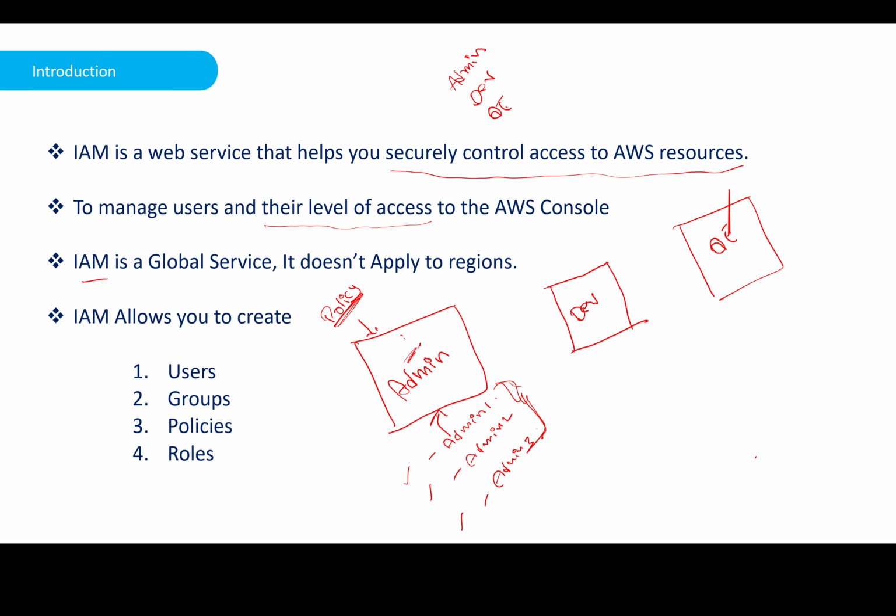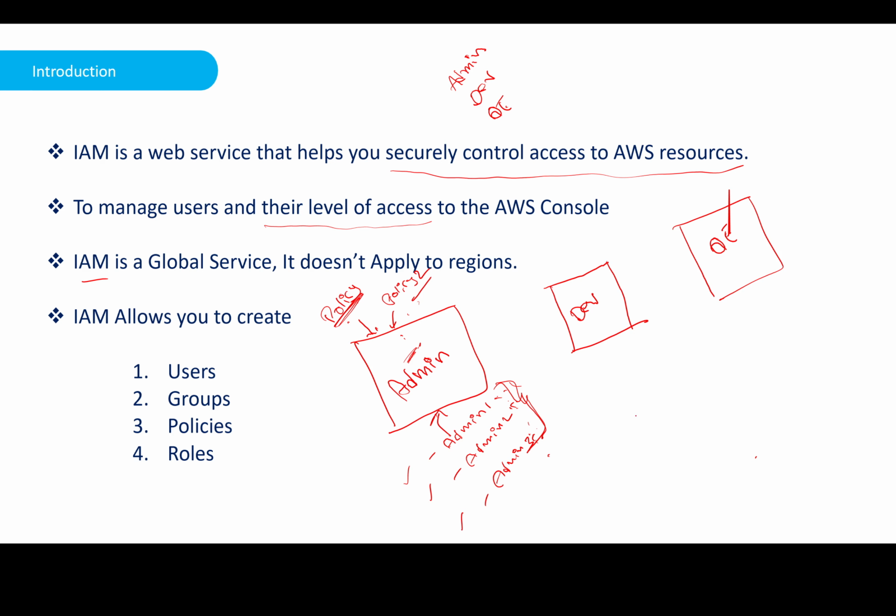Going forward, if I want to apply an extra permission to all these three users, I can simply add another policy which provides the permissions to those three users. Instead of applying the same policy on individual users, we can apply it on the group. So a group is a container in which we can collect similar objects. Here the object is a user. This is for easy administration.